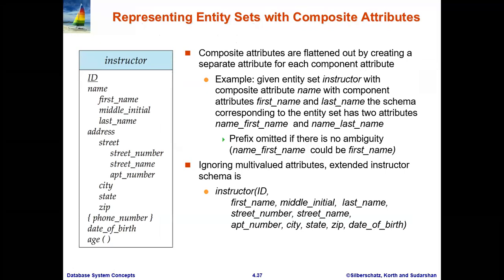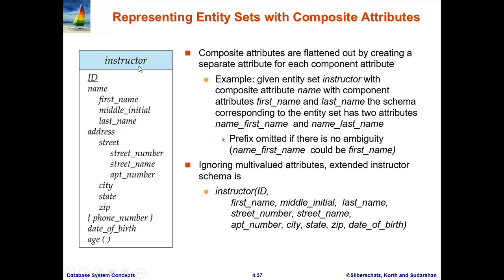We have seen last time how the different attributes of an instructor entity are represented. Simple attributes, composite attributes with original name and different subparts, then single valued attributes, then multi-valued attributes, then derived attributes.